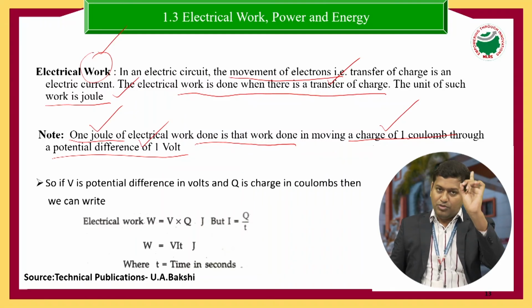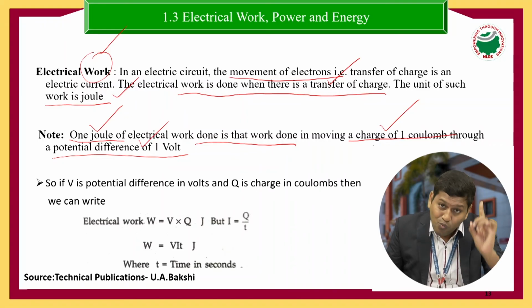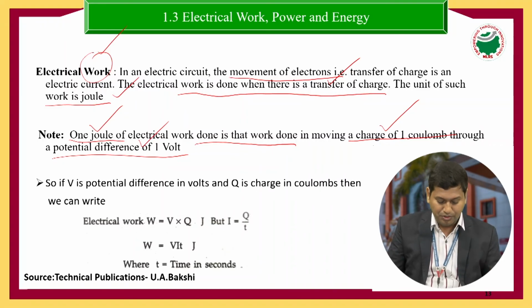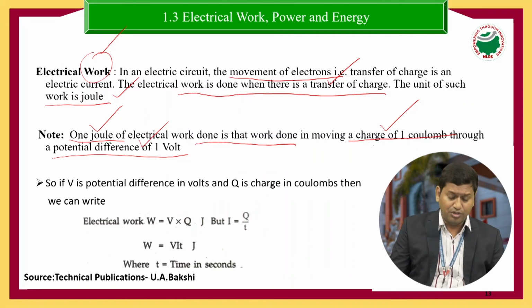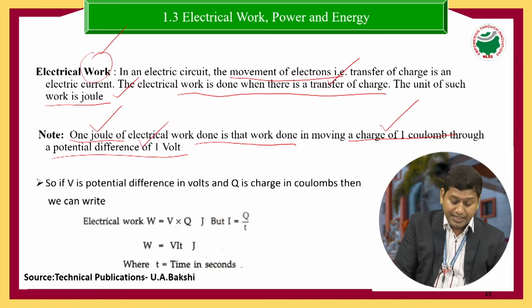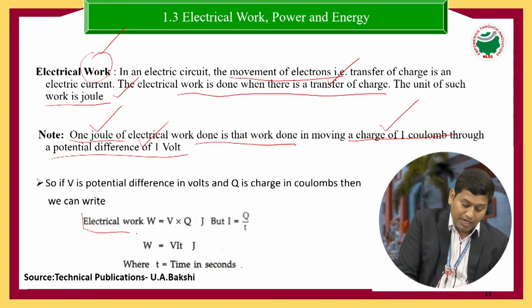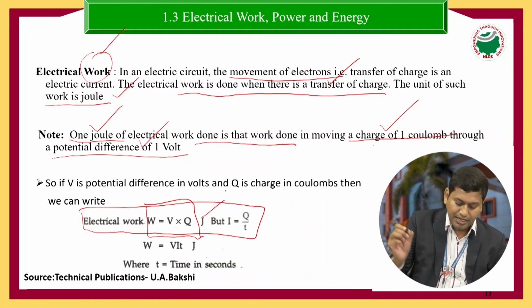If V is the potential difference in volts and Q is the charge, then electrical work W equal to V into Q, measured in joules.